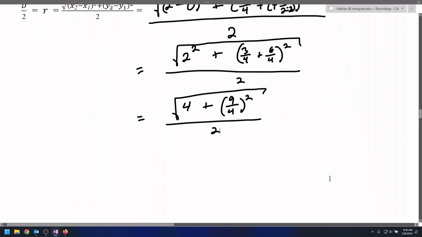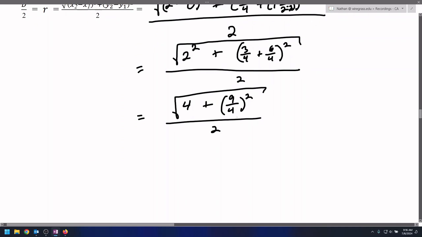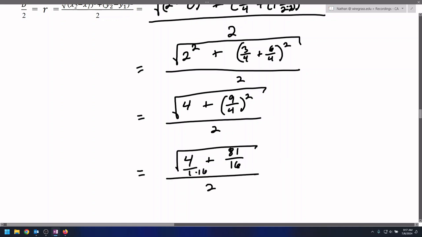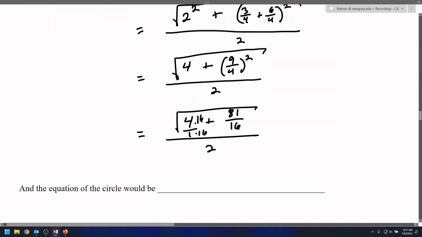For this, you can see that we need to square top and bottom for the fraction. Of course, I already did 2 squared. That's going to give me 81 over 16, because 9 squared is 81 and 4 squared is 16. Now I need to get common denominators, so I'm going to multiply 4 by 16 over 16. That's going to be 64 over 16 plus 81 over 16.